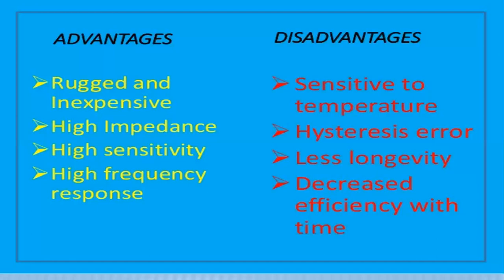If the temperature increases, the accelerometer can be damaged. And hysteresis error, some different types of errors occur in this type of accelerometer. And less longevity and decreased efficiency with time. So the efficiency of the accelerometers over time is less.